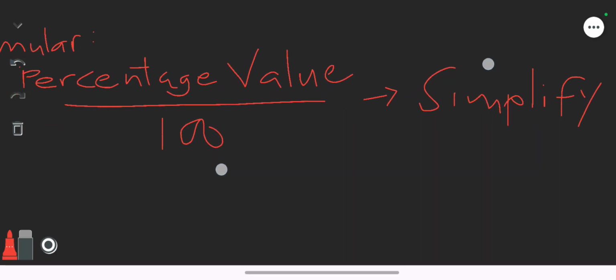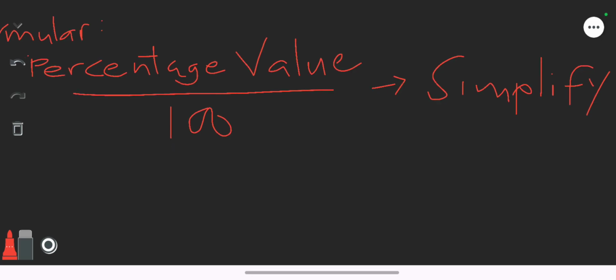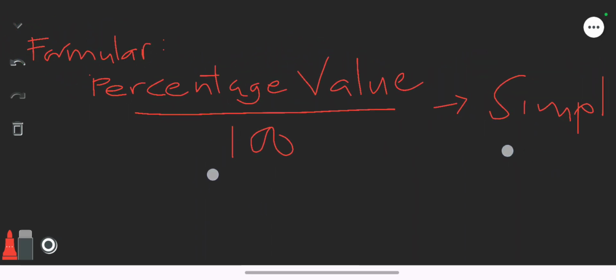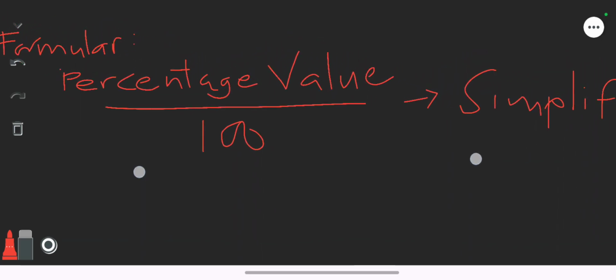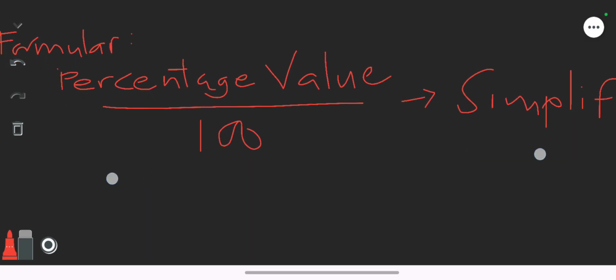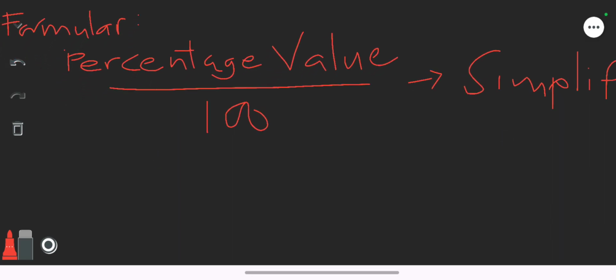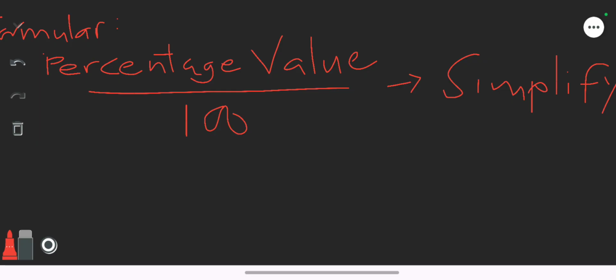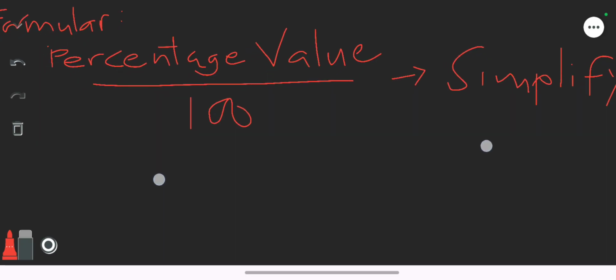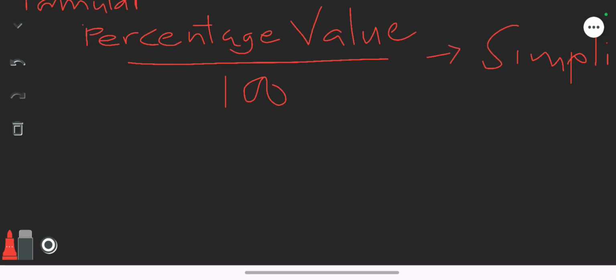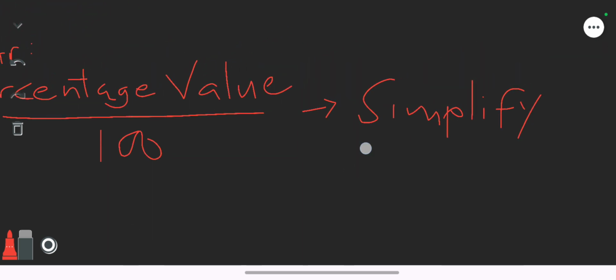There we go. So to convert a percentage to a fraction, you are going to use this very simple rule. And always remember, don't you forget to simplify.